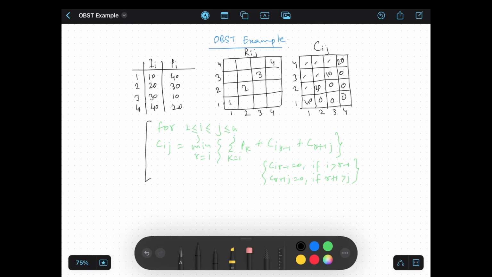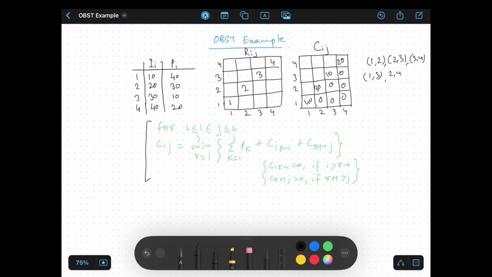Now, we have to fill this way. So this means we are going to find values 1, 2, then 2, 3, then 3, 4. After that 1, 3.